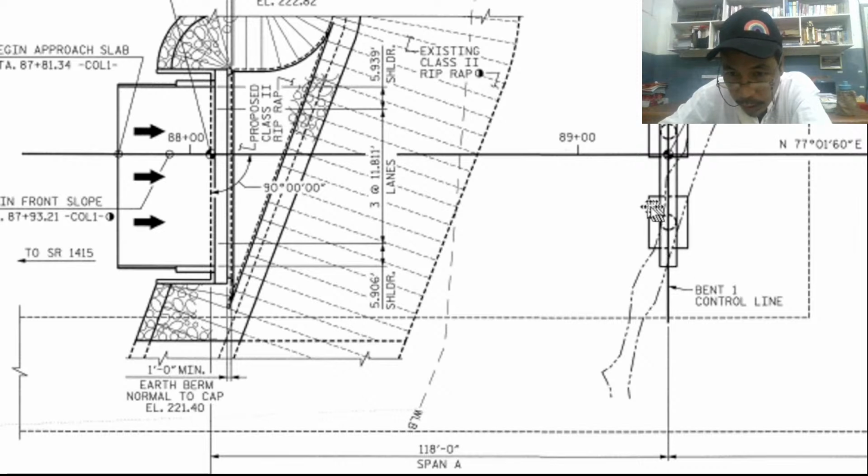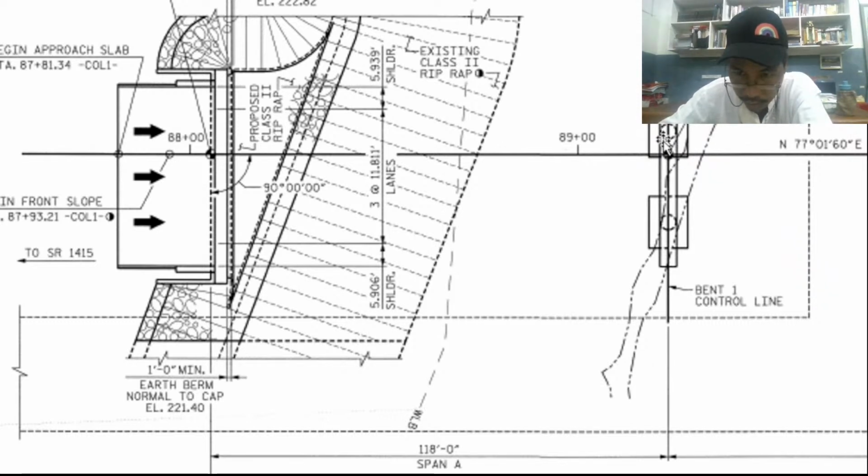So this one is the top view of our one. This is the column, the location of the column. So we have this particular portion, the specific point station 89 plus 23.34.